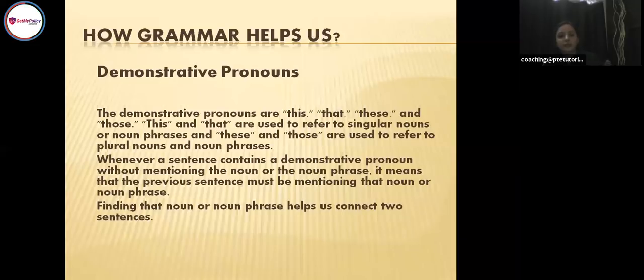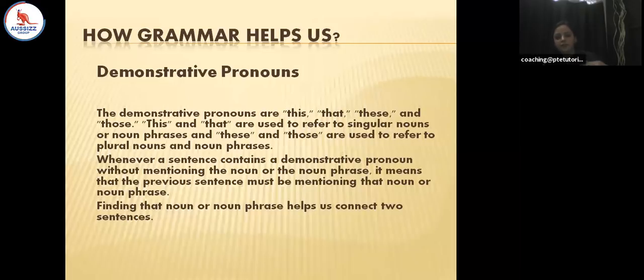These are known as demonstrative pronouns, like this tree, that tree, these trees, these mangoes, those mangoes. So definitely they are linking to each other. Again, by reading the lines this way, we can have a more logical flow between the ideas.